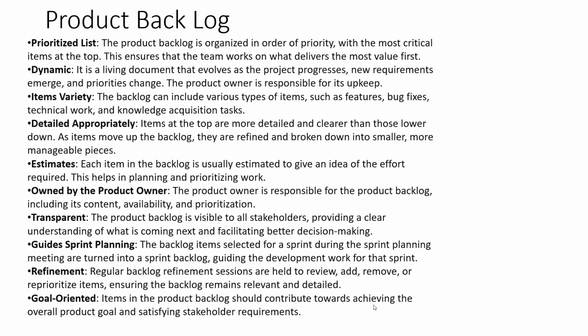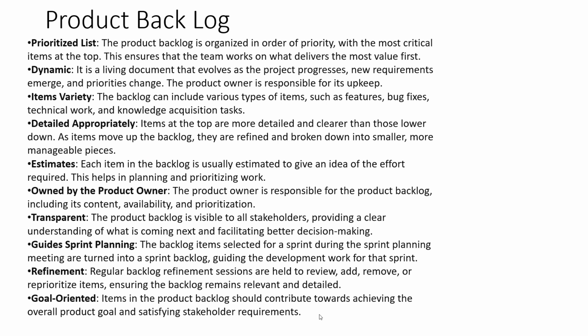Let's get into some details. Product backlog, and I went over that a bit just a few minutes ago, but I've listed several key characteristics of this. And one of the key ones is that it's dynamic. This is a living document for the project team to view new requirements, to change priorities, but ultimately the product owner is responsible for this document and keeping this document up to date.